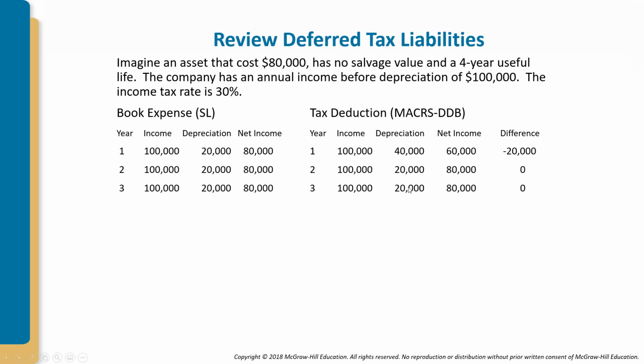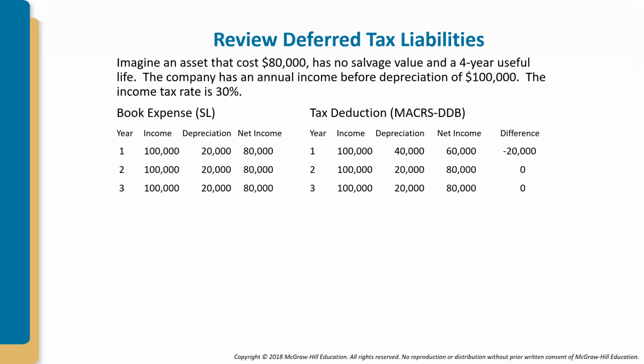And that would completely depreciate the asset, right? 40,000 plus 20 plus 20, that'd be 80,000. Our net income is going to be 100 minus 20 is 80. Again, we have no difference in the third year between book and tax expenses or tax income.